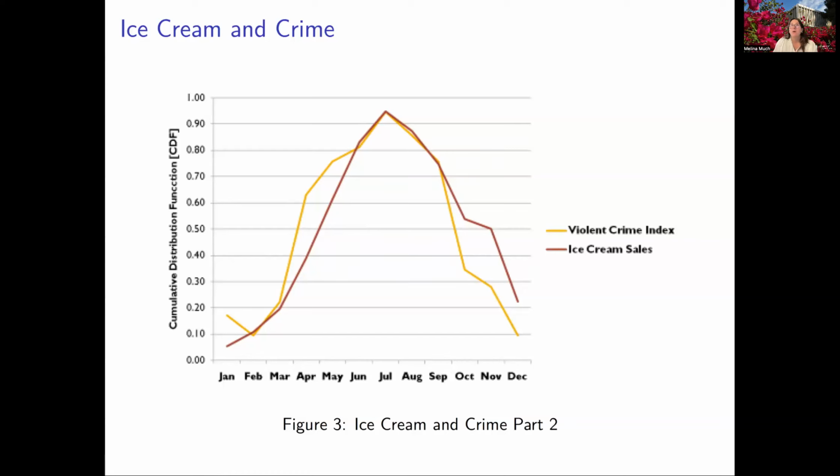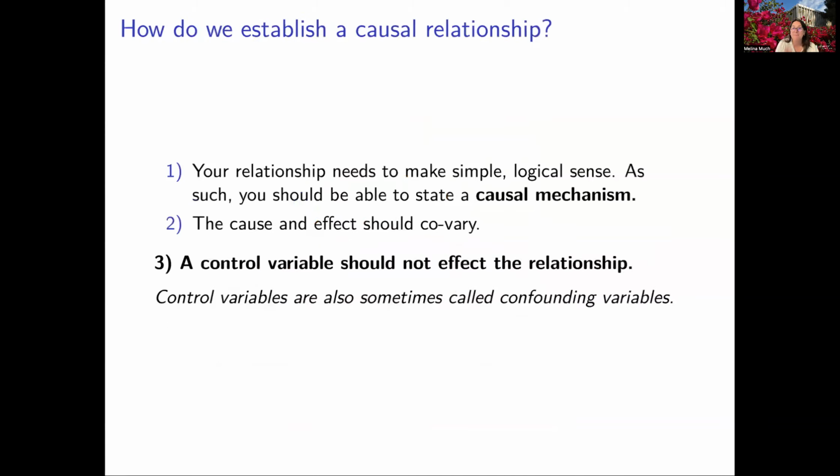So not only do we need to be able to say a causal mechanism, but these things also need to co-vary in a way that's not mediated by another variable, which in this case was month or time of year, right? The temperature, it being warmer outside. So more people are out and about, they're eating ice cream, they're more likely to interact with each other in a way that causes violent crime.